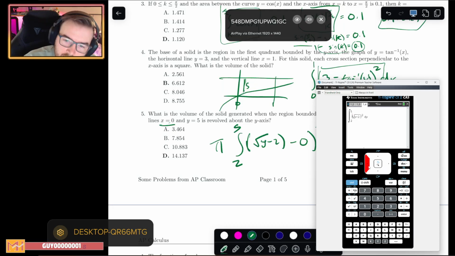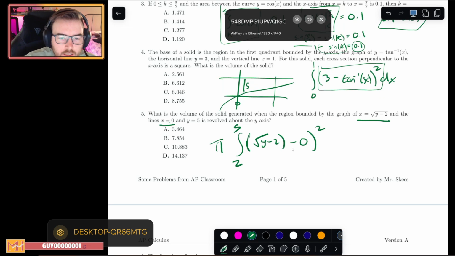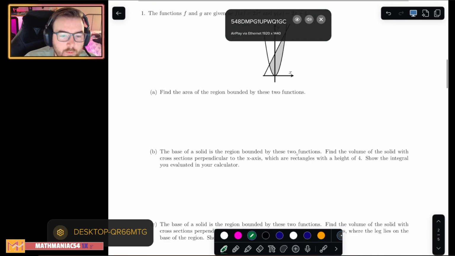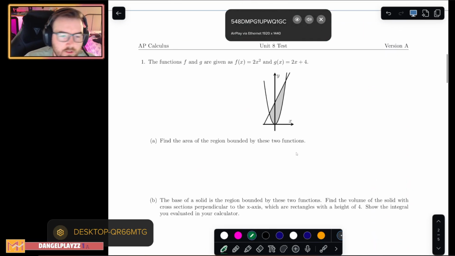Let me go back and add that in. Pi times that. 14.137. Feel free to go back and rewind. But yeah, there's that. A little bit more calculator, of course, with the calculator active.